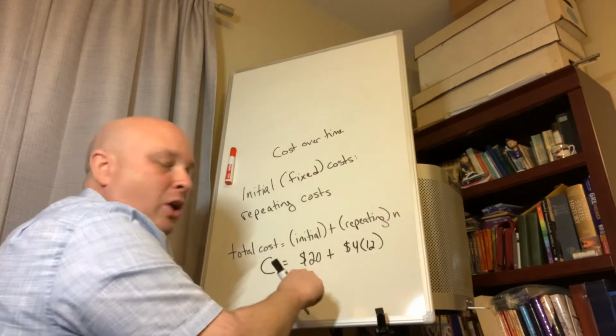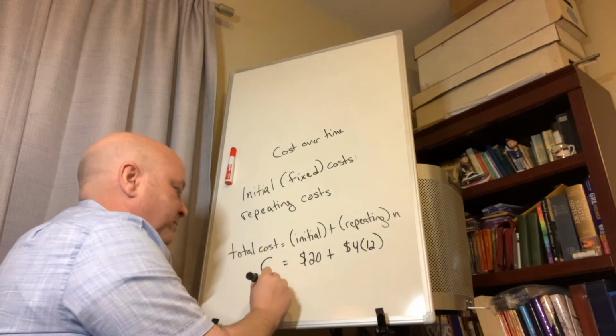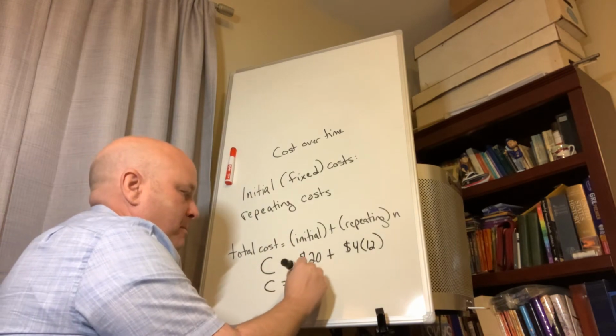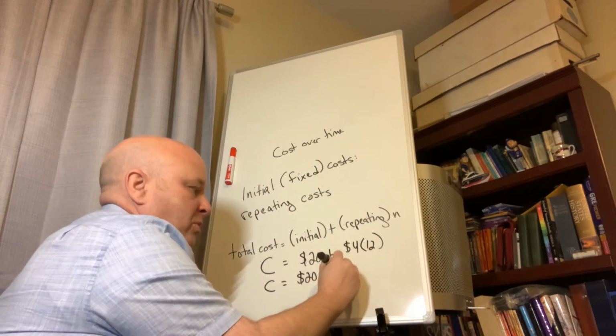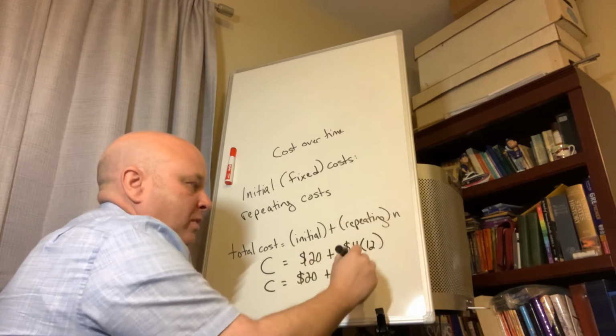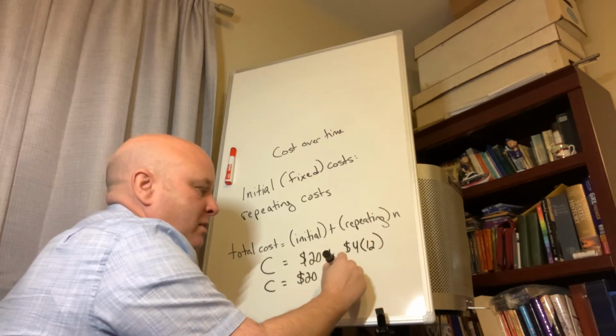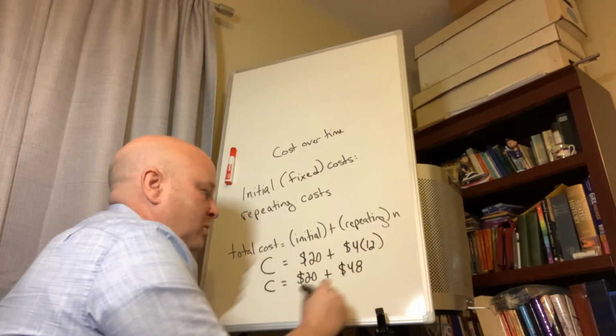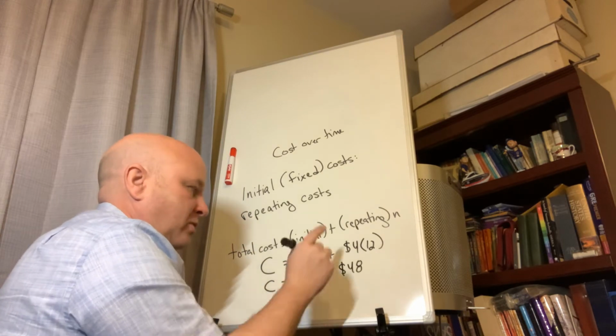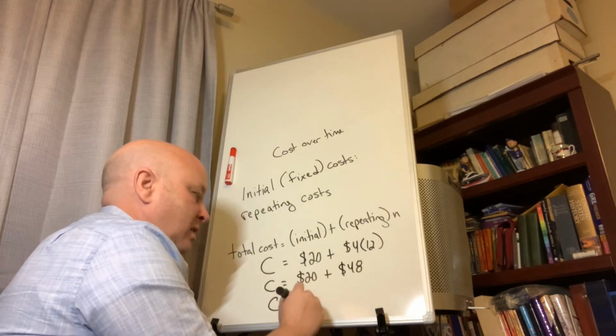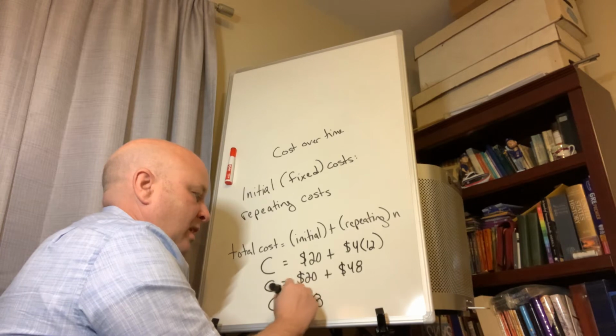So my initial cost is still $20 plus my repeating costs times the number of times it's repeated is $48. So now my total cost for a whole year is $68.